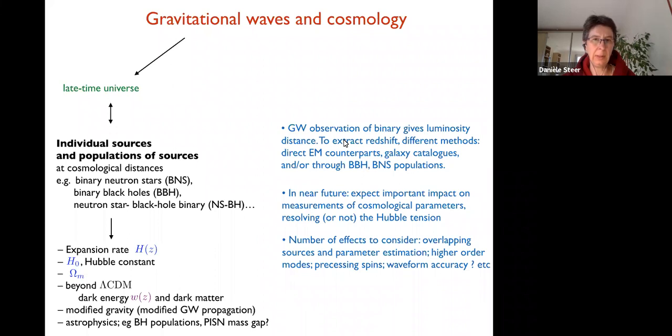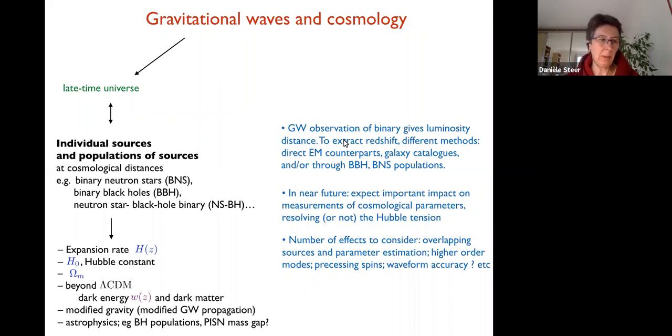And I tried to give you a certain number of ways in which one could think of extracting the redshift. The first one, the most direct, is if you have an electromagnetic counterpart to your event, and you're lucky enough to observe it, then that will give you directly the redshift of the source. It's possible that your event is sufficiently well localized in the sky, and not too far, so that there are galaxy catalogs which you can use to extract the redshift.